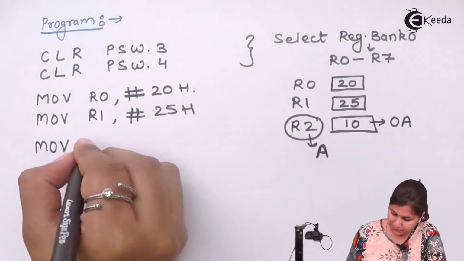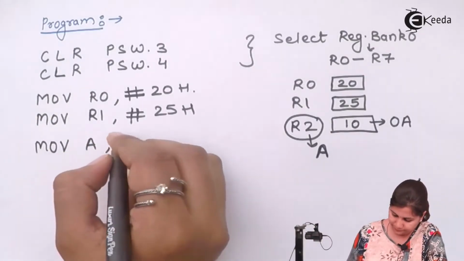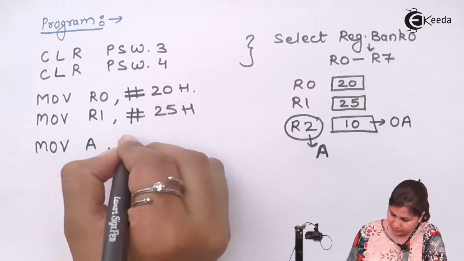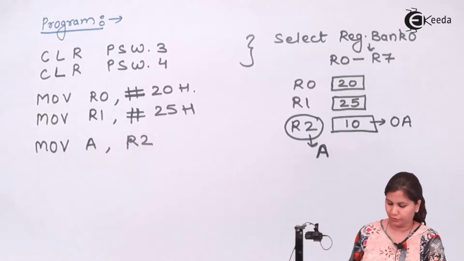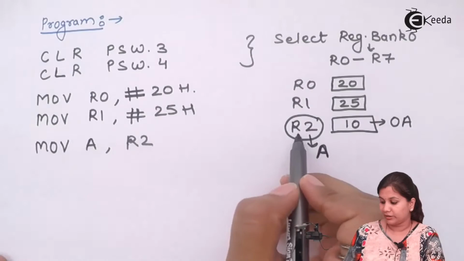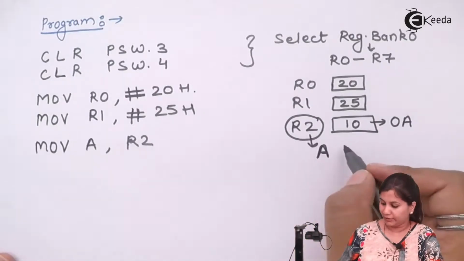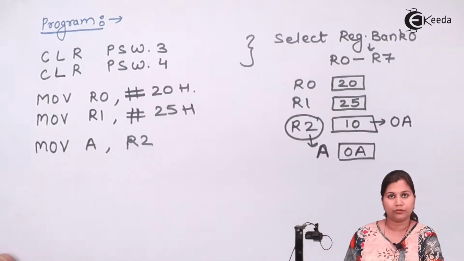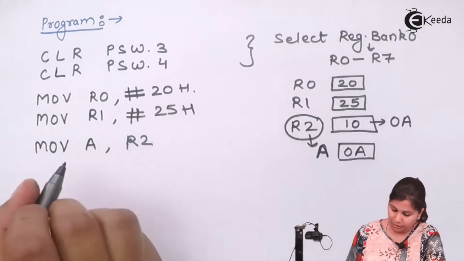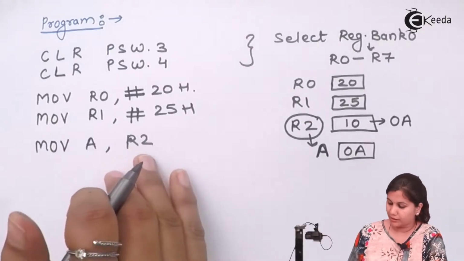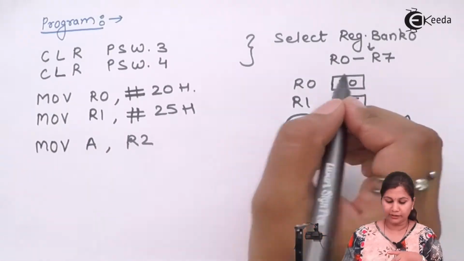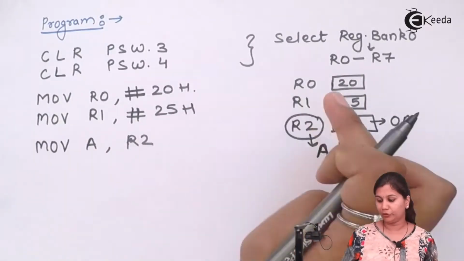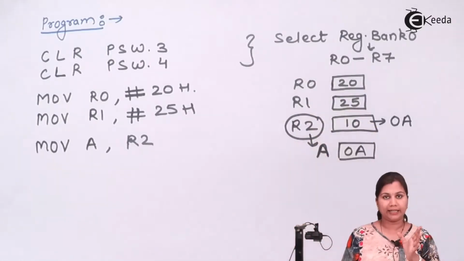So the next step is move A, R2. That is, in register R2 we have 10, so this number 10 will be copied into the accumulator.